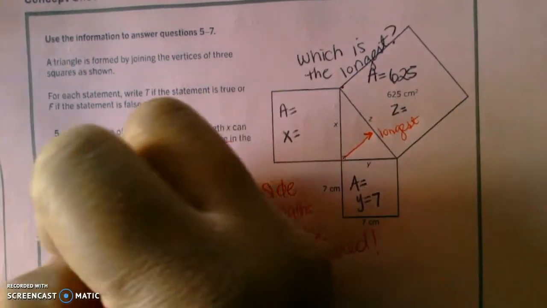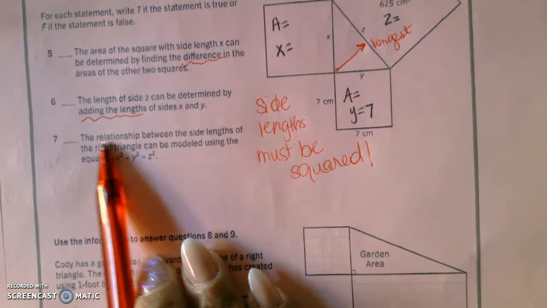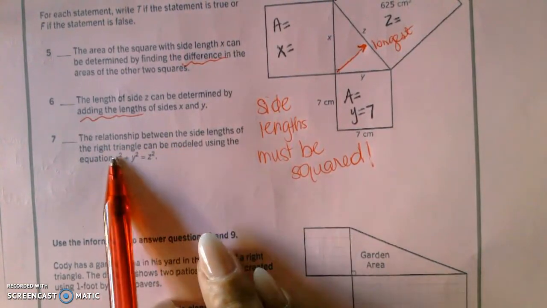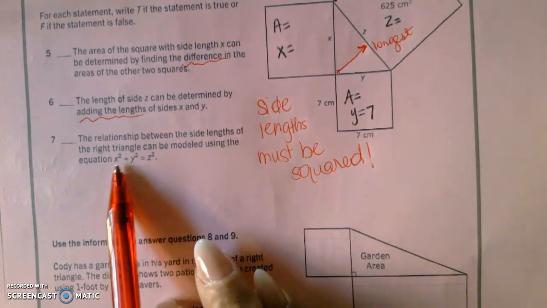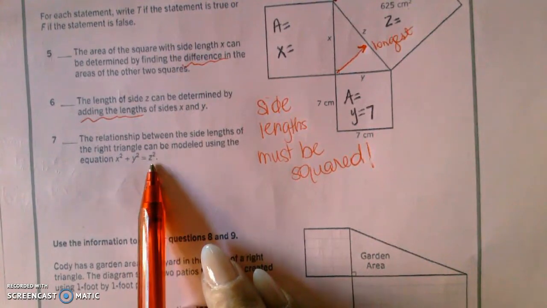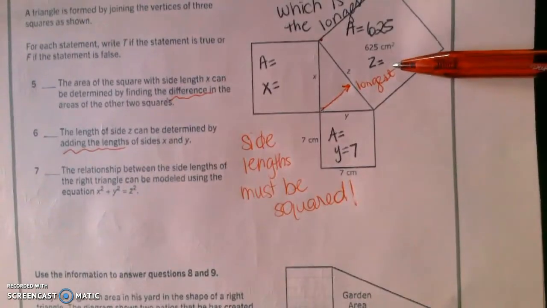I don't see a square there. Number 7, the relationship between the side lengths of the right triangle can be modeled using the equation x squared plus y squared equals z squared. Make sure you know where your longest side is.